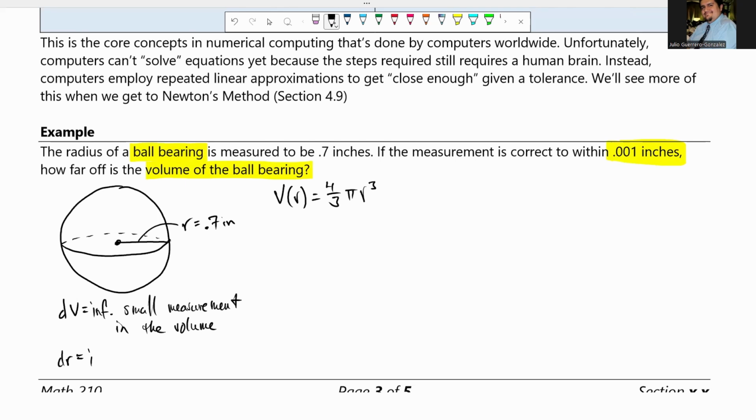And dr is the infinitesimally small measurement in the radius.